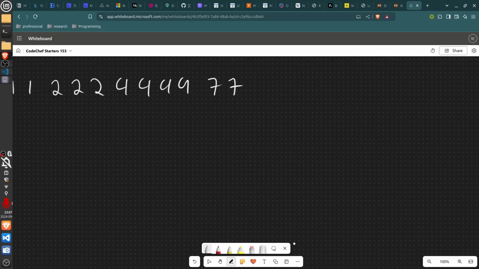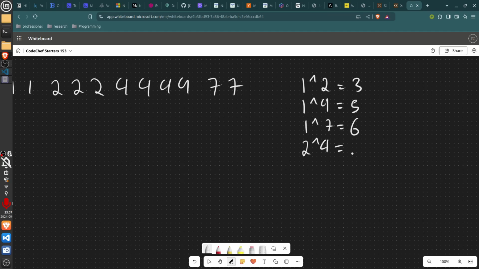If you look at the pairs in here, the possible values: you have 1 XOR 2, which is 3, 1 XOR 4, which is 5, 1 can also XOR with 7, which is 6, and then 2 can XOR with 4, and 2 can XOR with 7, which is 5, and then you can have 4 XOR with 7, which is 3.